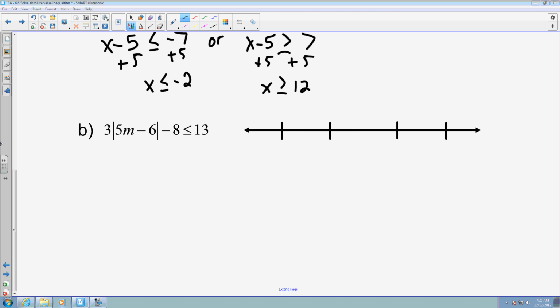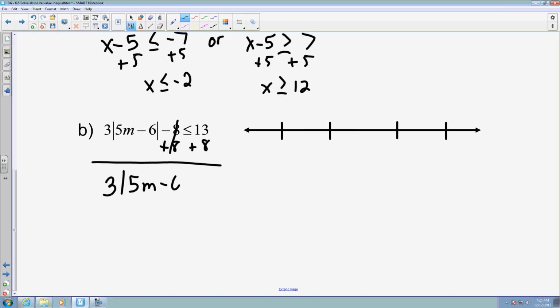In order to do that, we're going to add 8 to both sides, which then gives, this cancels out. So now I have 3 times the absolute value of 5m minus 6 is less than or equal to 21.